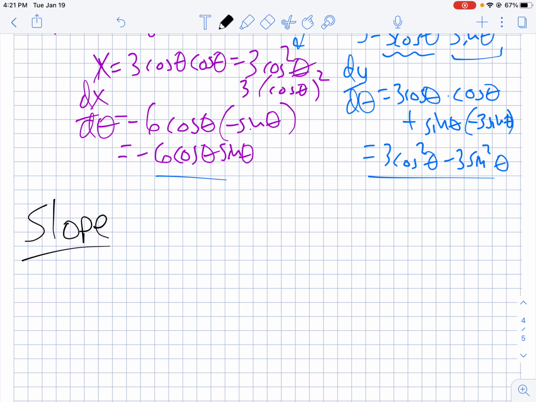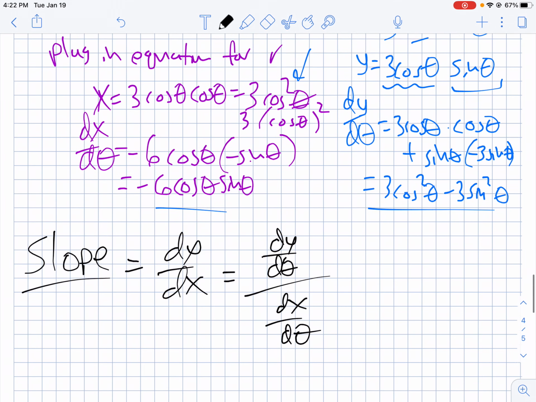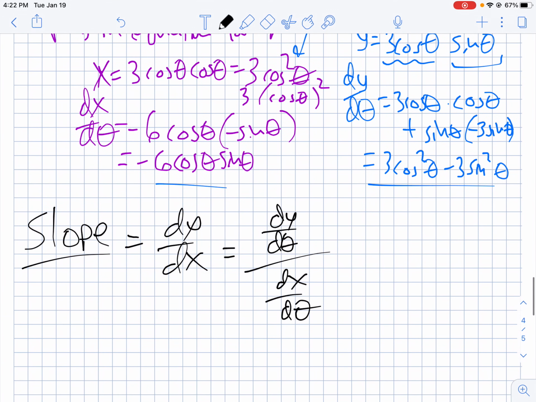Slope. And this should be familiar because the slope, dy dx, is exactly what you do in parametric form. You just find the dy d theta and you divide by the dx d theta. So in this case, what we just had is the dy d theta over the dx d theta here.